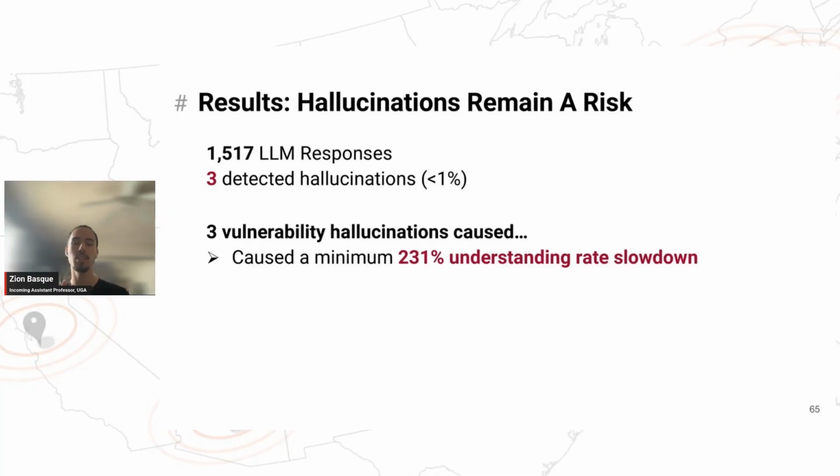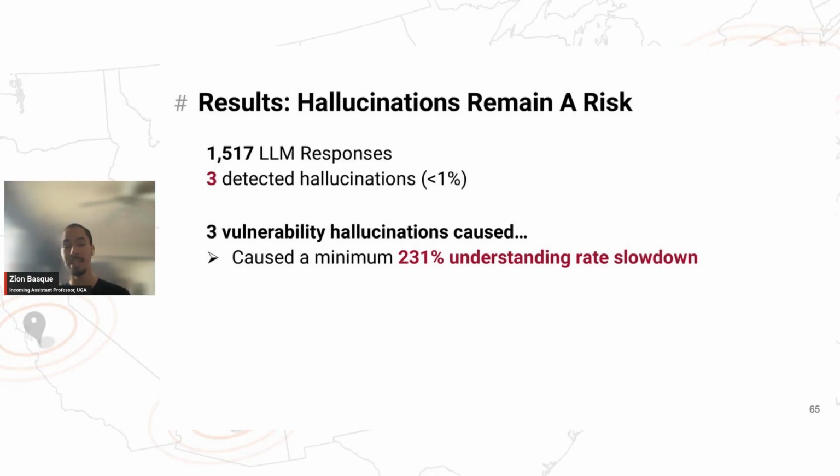These three hallucinations were encountered by three different participants during our study, and all of them were on the task of identifying vulnerabilities in the binary. So it was a hallucination where there was no vulnerability in this function, and instead the LLM said there was a vulnerability. For all three of these participants, this caused a minimum of a 231% understanding rate slowdown, which is really quite bad.